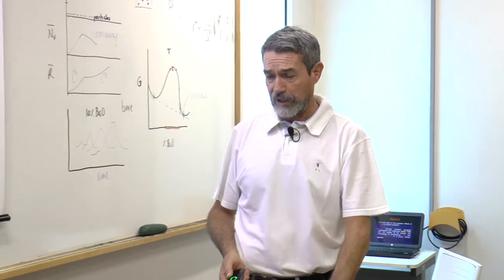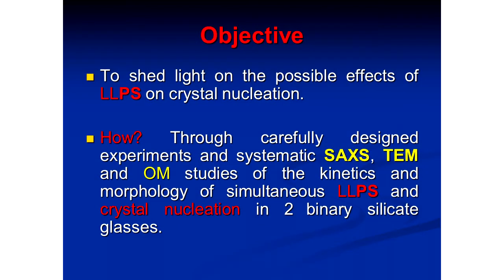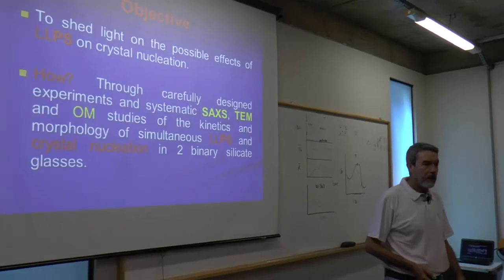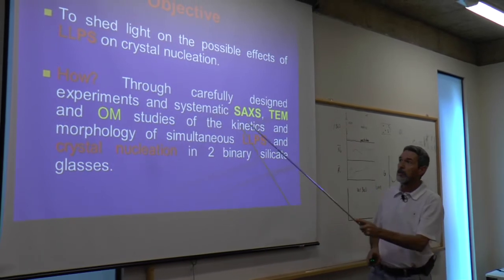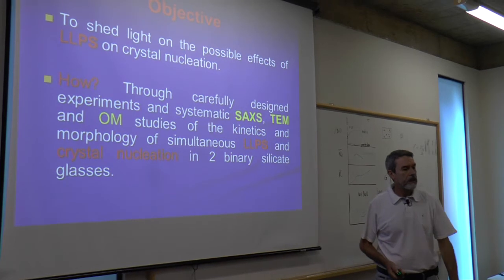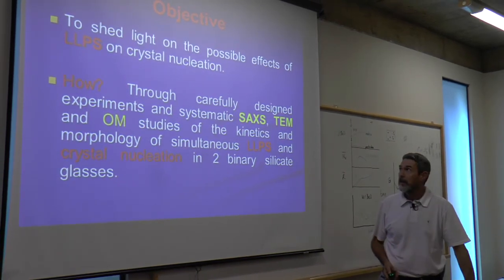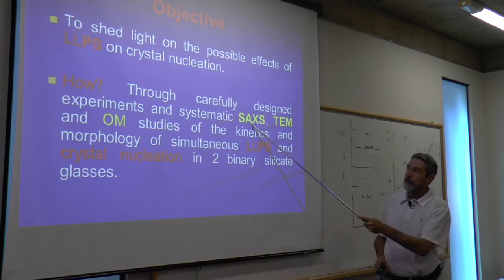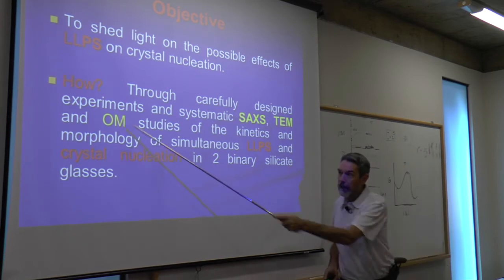So the objective of this part of the class is to shed light on the possible effects of one phenomenon on the other. How we are going to accomplish this is through a series of very careful experiments using small angle X-ray scattering, transmission electron microscopy, and also optical microscopy.